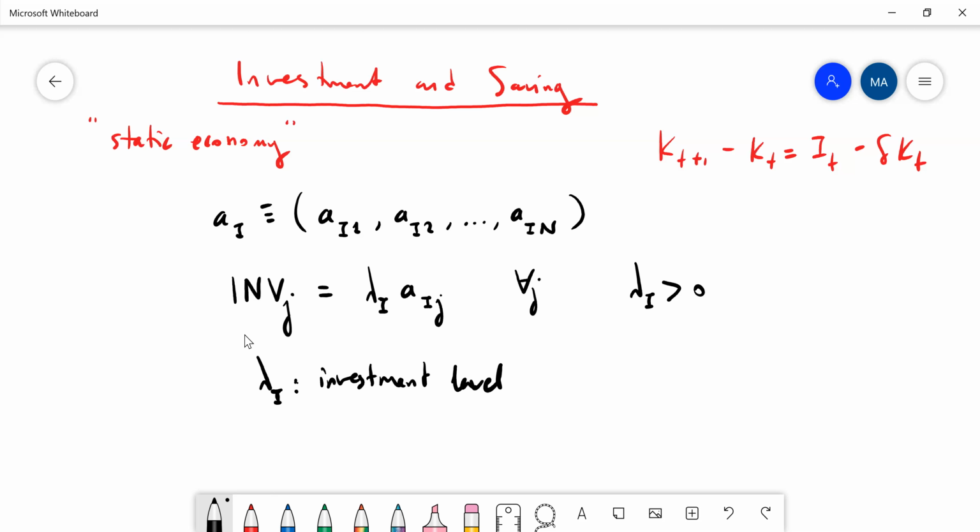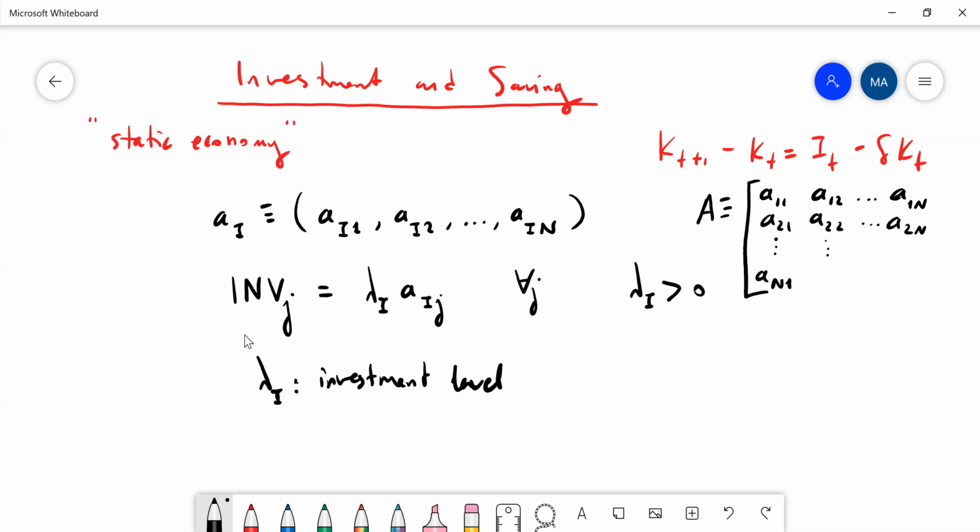Okay, so these technical coefficients are different than our original A matrix. Our original A matrix was this, right? It was the matrix of technical coefficients between the produced goods.